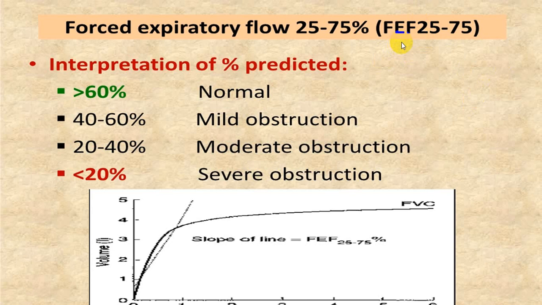So if you still try that, if you get results, you can identify the severity by looking at that particular chart. So between 40 to 60 mild obstruction, so we call 60, 40, 20. Less than 60 mild, less than 40 moderate, and 20 is severe obstruction. So this is the way we go for.